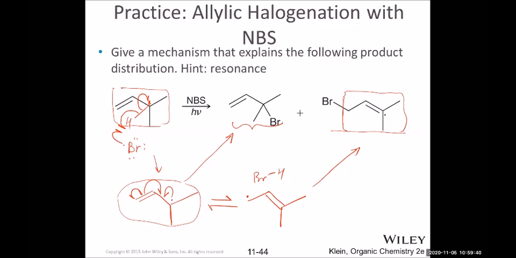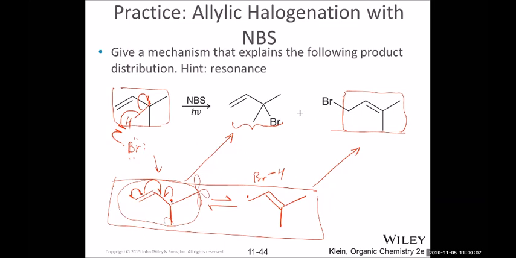Okay, question for you guys. Which one should be more stable between these two carbon radicals? Which radical is more stable? The first one. Because? The tertiary carbon and... Yes. And double bond. So because of hyperconjugation, because there are so many CH bonds here.